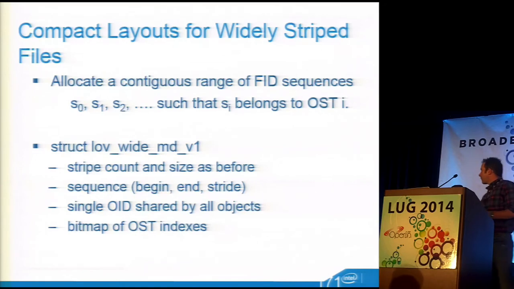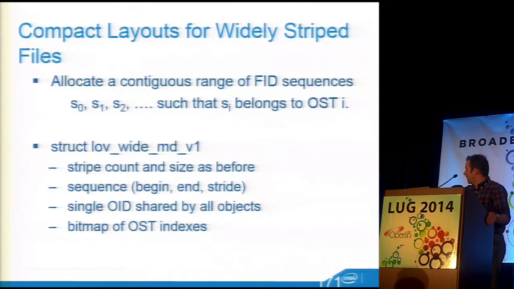And then the compact layouts for widely striped files. This is, I think, an idea that's been around for a while. I first learned about it from a Xyratex Architectural Priorities white paper. So the idea here is to have a distinguished set of object IDs so that we can just describe the objects belonging to a file by just specifying a bit mask of OST indexes.